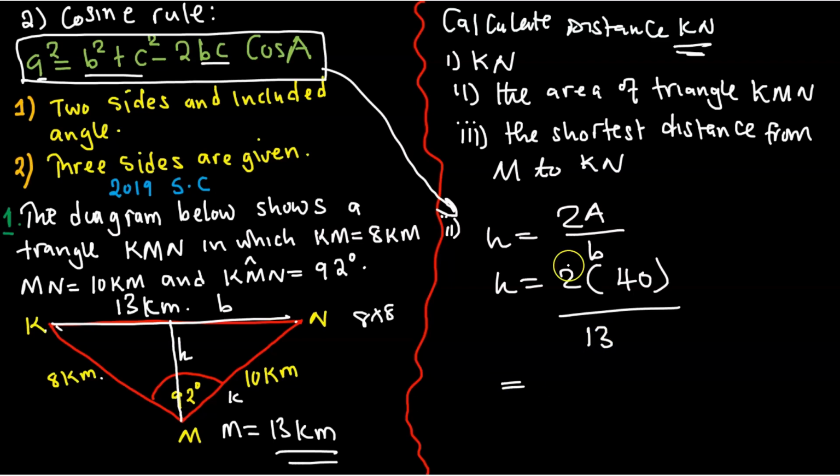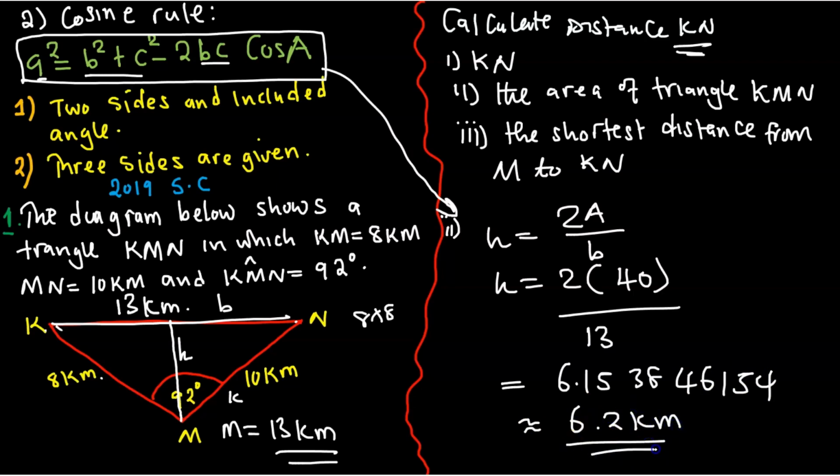We are going to find 6.153846154. And this one just the same as, shortest distance is equals to 6.2 kilometer. Okay, or simply 6 kilometer. So that is how we find the shortest distance.